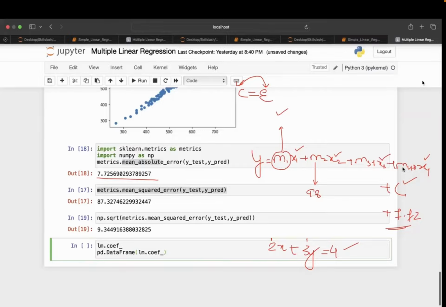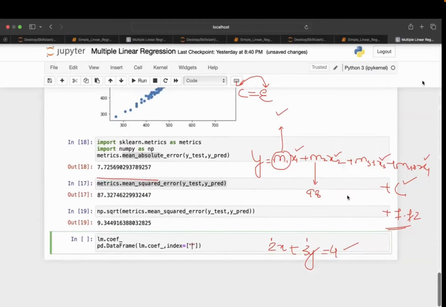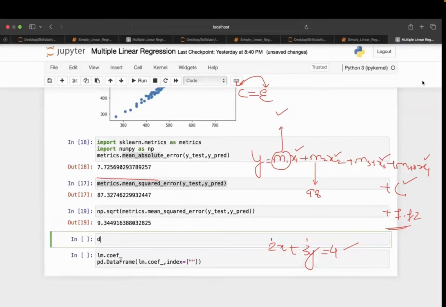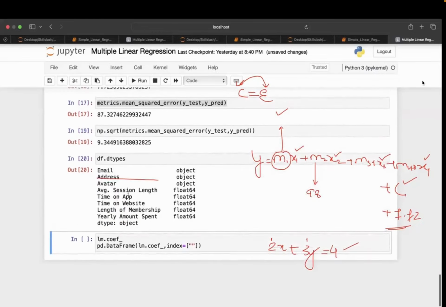The next thing is that I am mentioning the index of the data frame. df was my data, right? So I'm simply writing df.dtypes just to pick up the column names. The first column name is average session length.